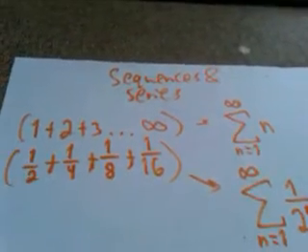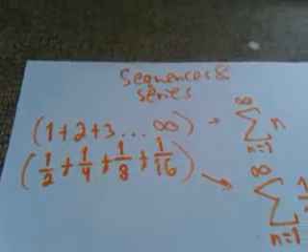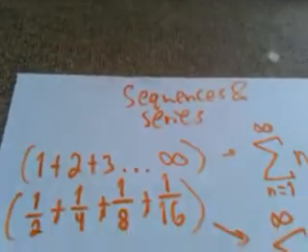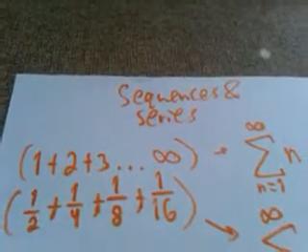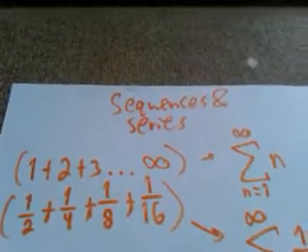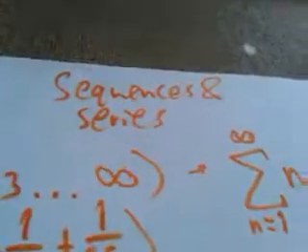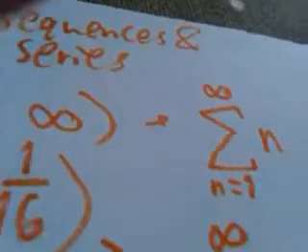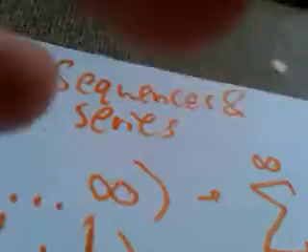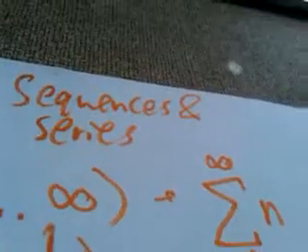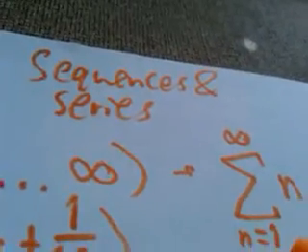Basically, with sequences and series, let's say we have the numbers 1, 2, and 3. That's pretty simple. You can add them up. 1 plus 2 is 3, and plus 3 again is 6, and all the way to infinity. That can be written compactly by saying n equals 1, and this fancy symbol is sigma, which stands for summation, to infinity.